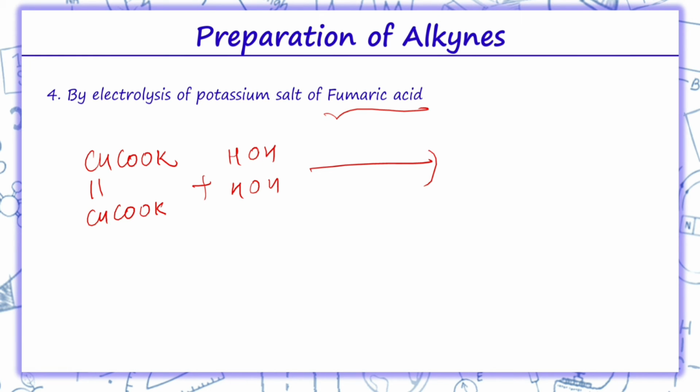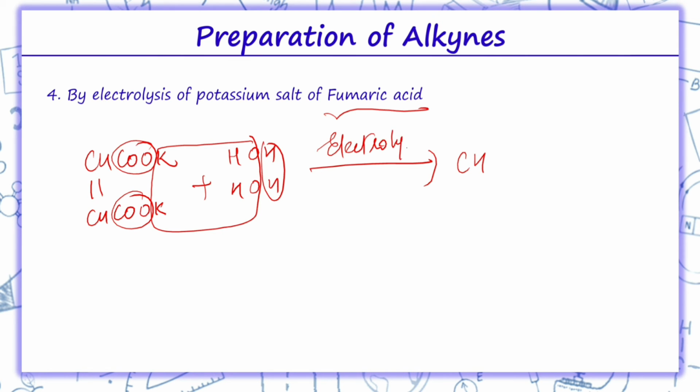H2 will be removed, KOH and KOH will be removed, and CO2 and CO2. So on electrolysis of the potassium salt of fumaric acid, we will get ethyne plus KOH plus hydrogen plus oxygen.